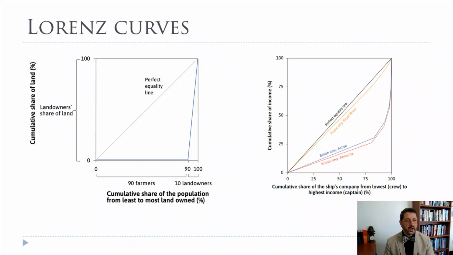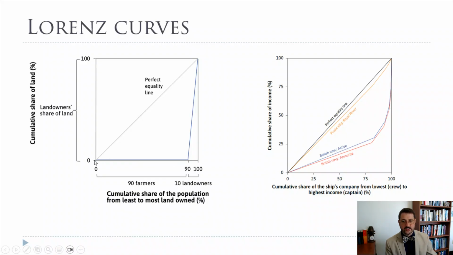So how are we going to graph this? Well, in order to graph it, we need to know how much each person or each group has. And so on the horizontal axis, we're going to line up everybody from poorest to richest. And we'll say it's in percentages. So we'll go from 0 at the origin, which is always where we start, and we'll end up at 100% over here.